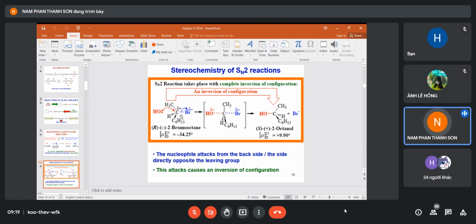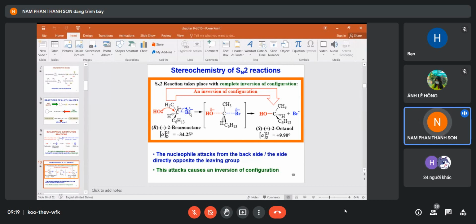The thing is, in an SN2 reaction, the OH anion will attack this positive carbon before the bromine atom says goodbye to the molecule. The bromine atom is still here, a little bit negative, and OH is negative, so there's a repulsion.